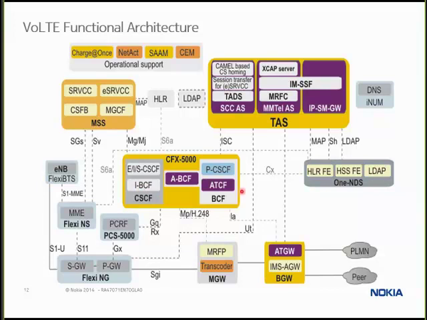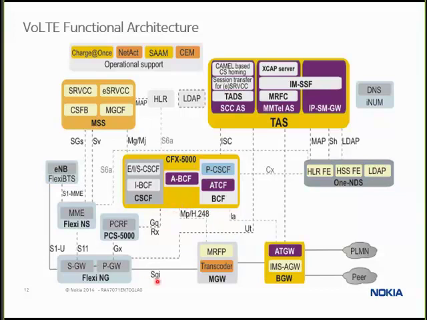Now, the CSCF, or the call serving call function, is a function within the server called the CFX 5000, and it will provide the services to the subscriber. Now, if you follow the lines here carefully, it comes through these various connections.